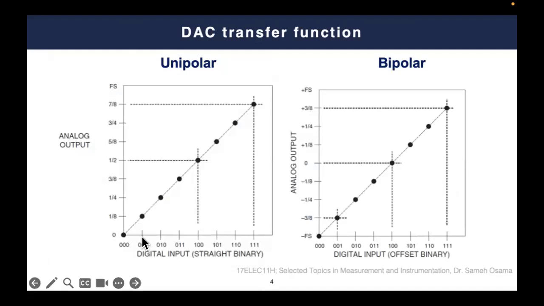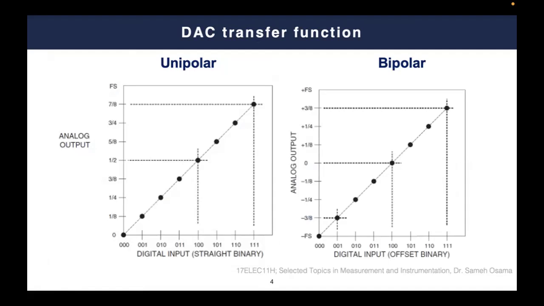Instead of an analog input, we have a digital input that varies based on the number of bits used. For example, what you are observing now is a 3-bit DAC. That's why we have 8 states for the digital input signal, and we have an analog output on the y-axis. In a very simple manner, this is the reverse characteristic with respect to the ADC.